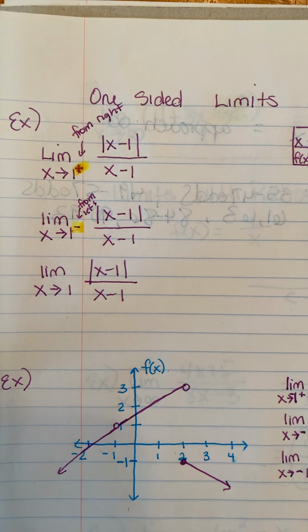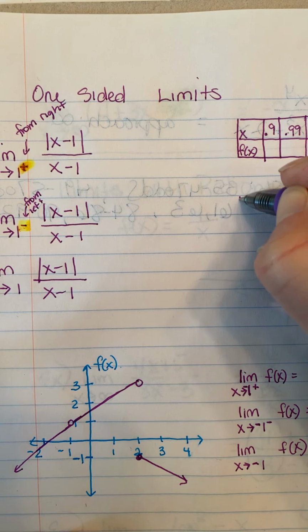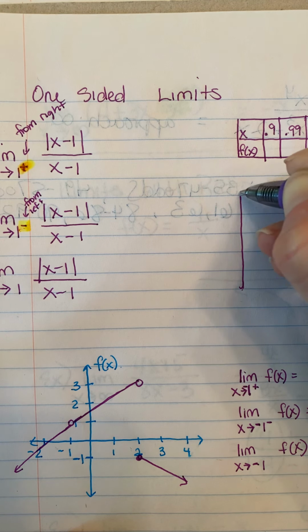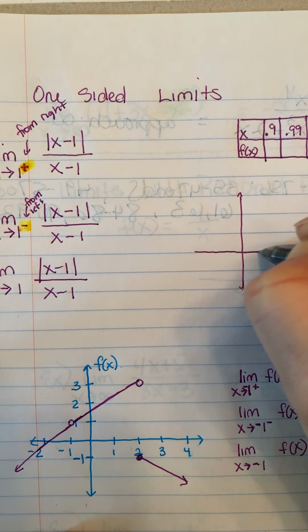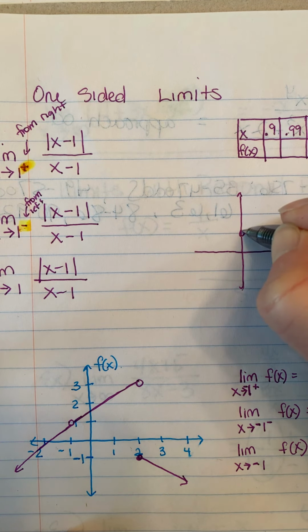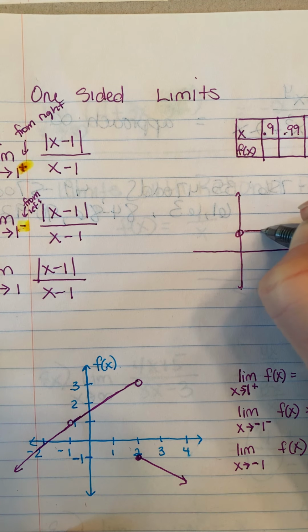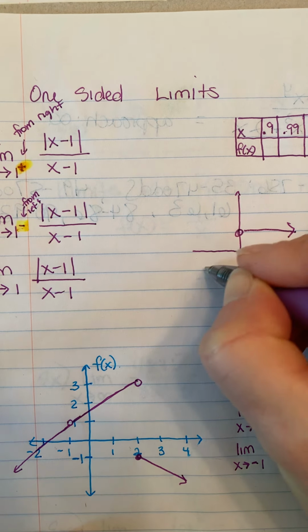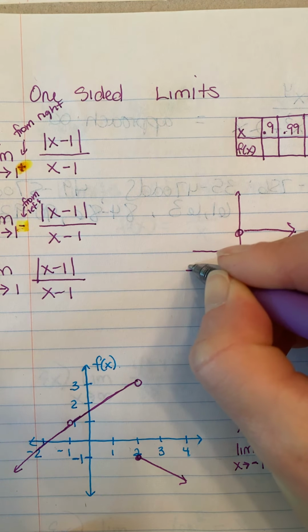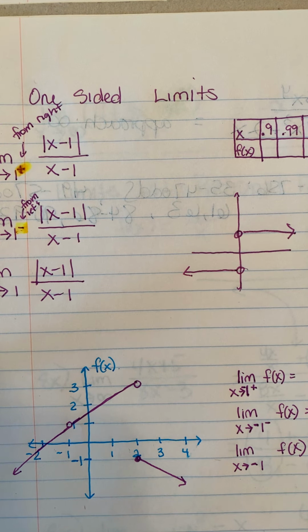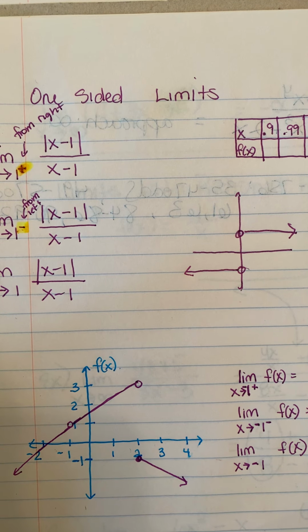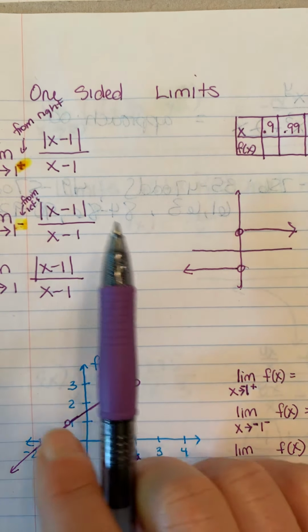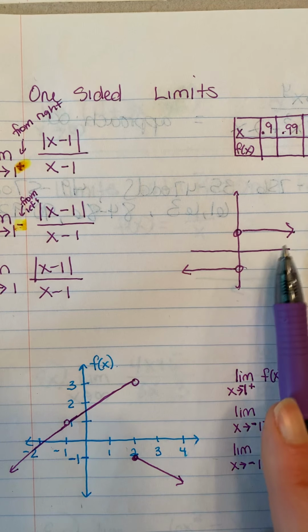So let's just sketch a picture of that graph so you can see what we're dealing with here. It doesn't have to be perfect. Your calculator doesn't show this, but it actually is not defined at 1. We have one piece going this way and another piece going this way, and there's a gap in the middle. One thing we can do for a one-sided limit from the right is look at the graph.